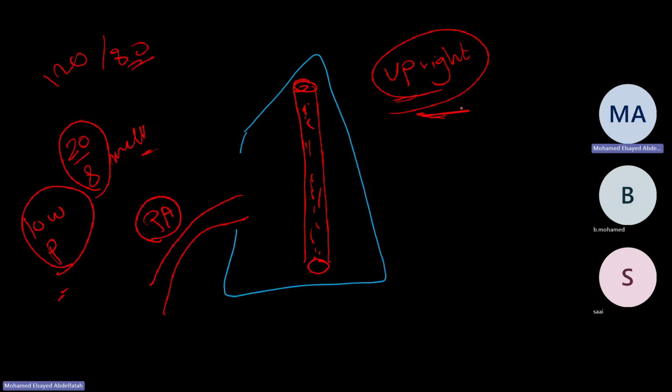So for this patient who is upright, physically, the pressure at the apex and the pressure at the base, which is higher? Which is higher, Dr. Sai and Dr. Batul? What do you think?